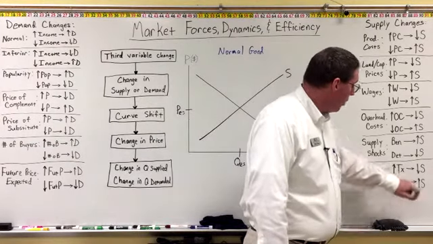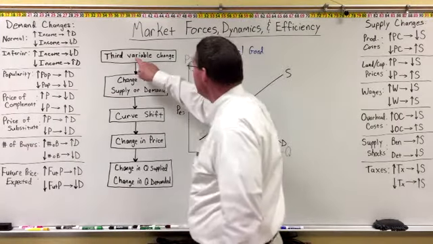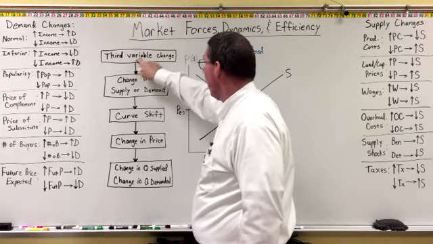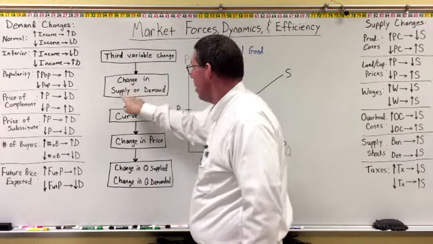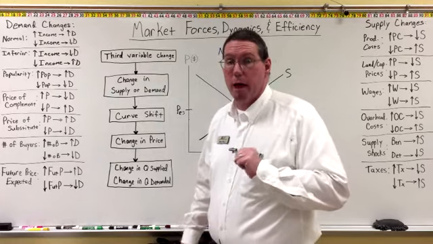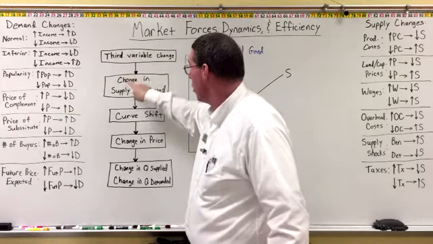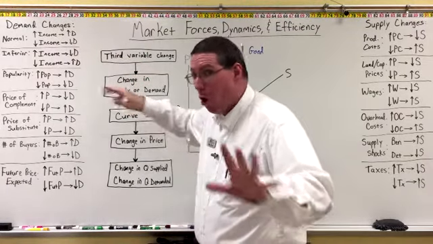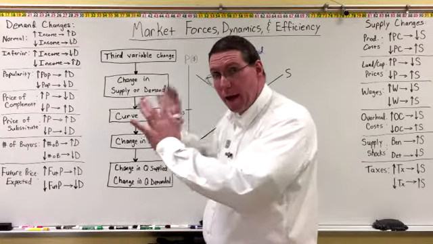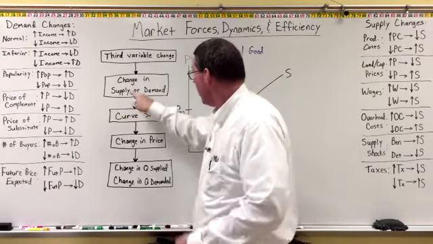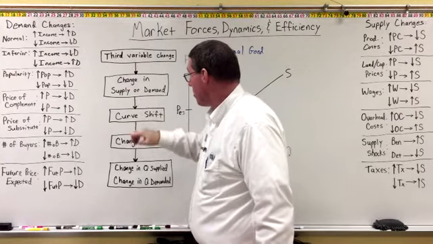Well, that's going to result in an increase in supply. So the change in taxes, a decrease in taxes, is going to cause a change in supply, not a change in quantity supplied. The change in taxes is going to cause a change in supply, the whole force of supply in this market. And it's going to be an increase in supply.